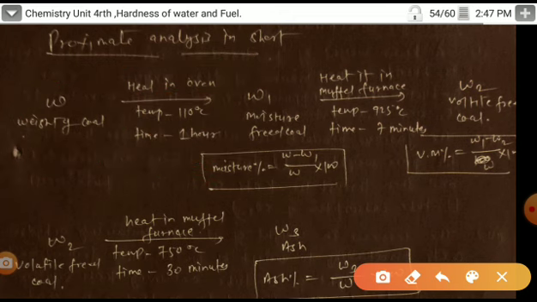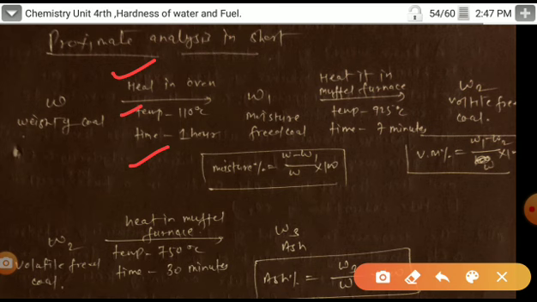You have to put it into the electrical oven and fix the temperature at 110 degrees centigrade. The time limit when you put the coal sample into the oven is 1 hour. After 1 hour, all the moisture content will be removed.